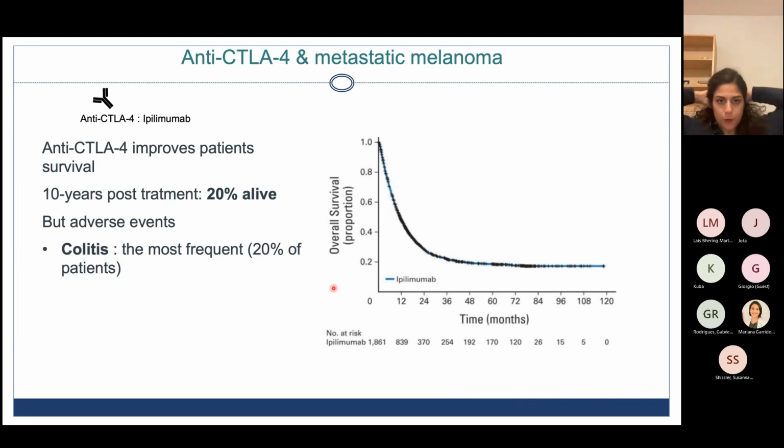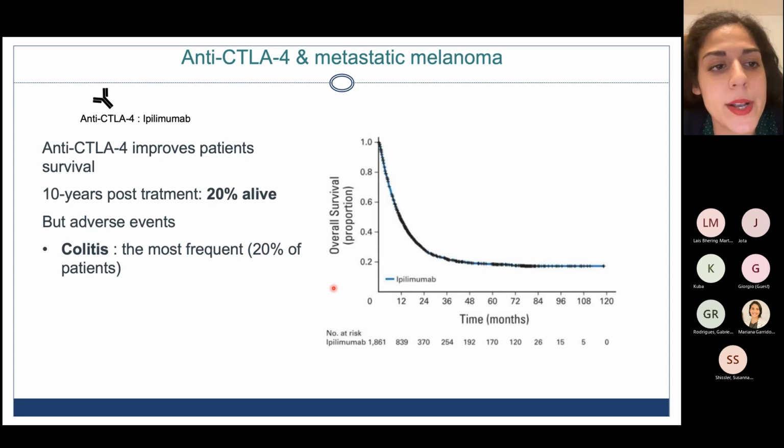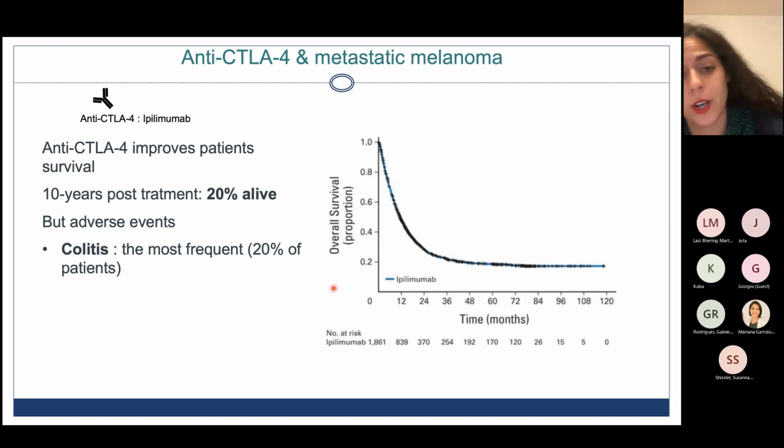The first proof of concept that immunotherapy can work was made with ipilimumab, an anti-CTLA-4 antibody. It was a huge revolution, because usually you have 0% survival after stopping the treatment in metastatic melanoma.